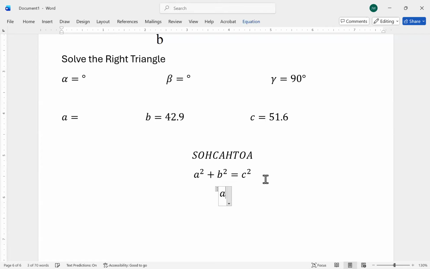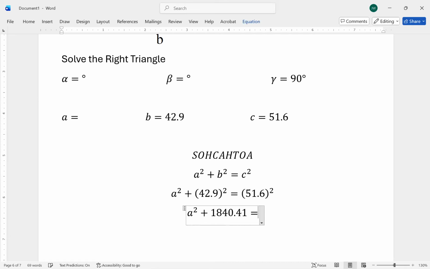A squared plus, in this case, 42.9 squared is equal to 51.6 squared. If I do the arithmetic on that, A squared plus 1840.41 is equal to 2662.56.